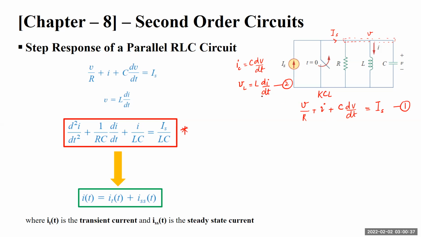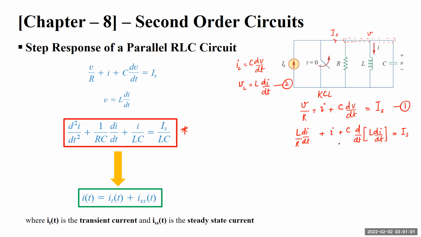Wherever we have the voltage sign, replace the voltage by L times di by dt. So here I can replace V by L di by dt, divided by R, plus I as it is, plus C times d by dt multiplied by L times di by dt, equals IS.